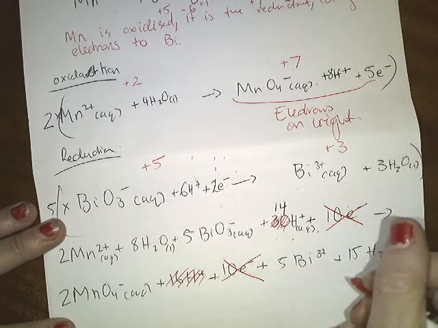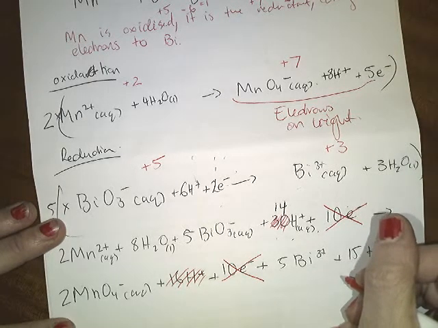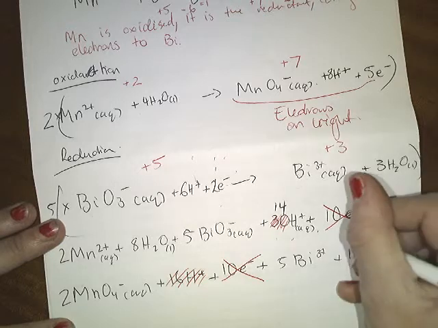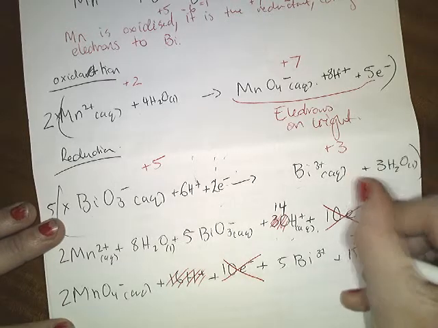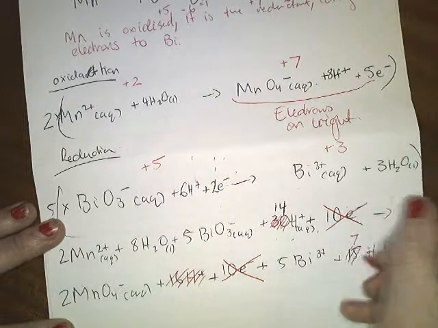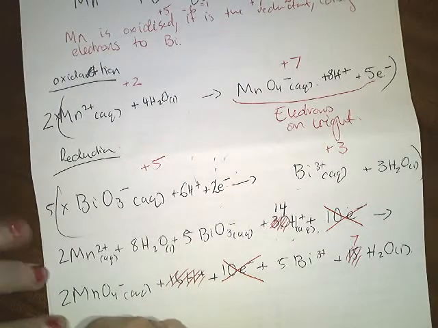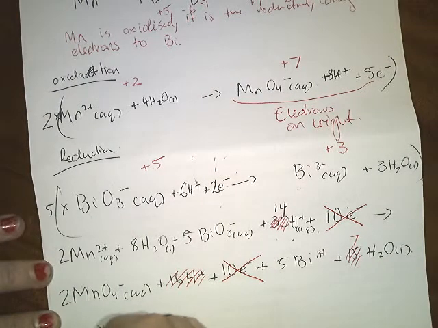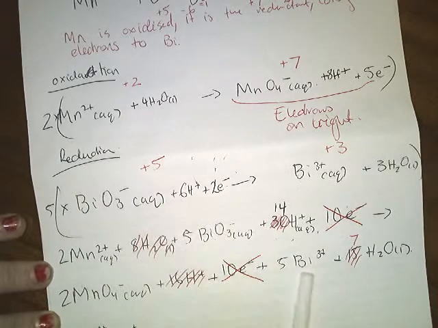Waters, we need to end up having waters on this side, and we need to have 7. Okay, so we'll rewrite it out nicely.